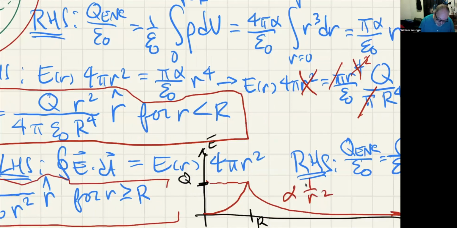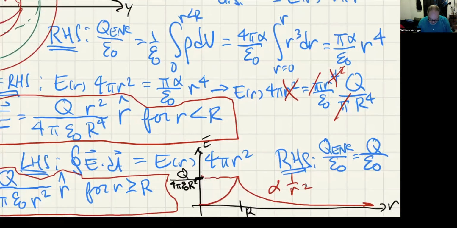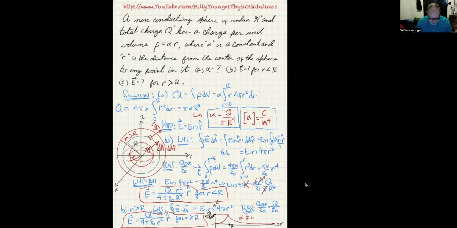Okay, what this is supposed to be is Q over 4 pi epsilon naught big R squared. And then, of course, what this is over here is supposed to be, it's just a box. So I now can zoom this back down and see what it is.